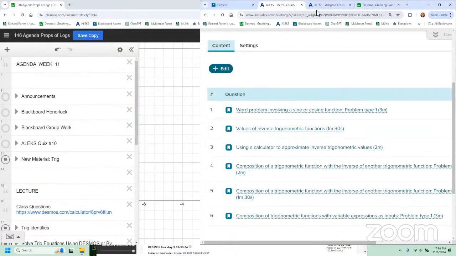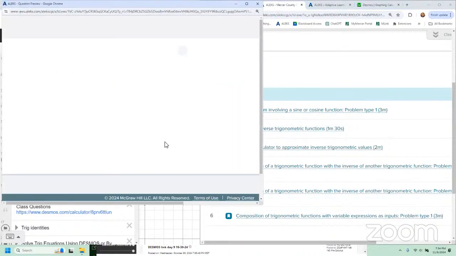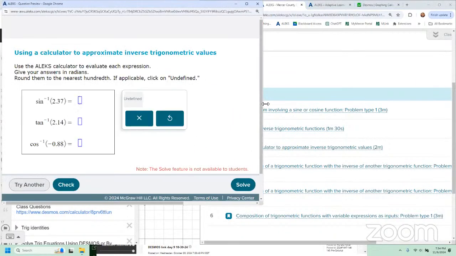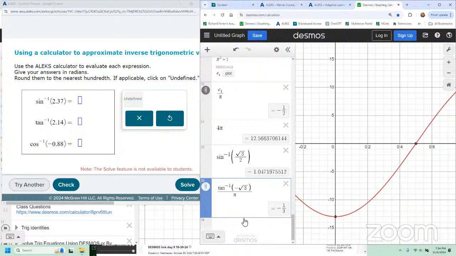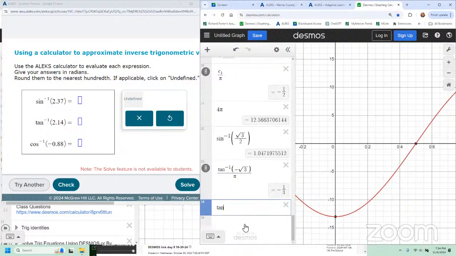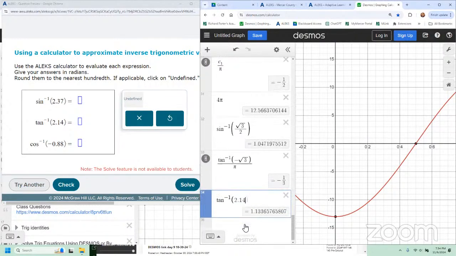Now let me just do one. The inverse tangent of 2.14. So the inverse tangent of 2.14.